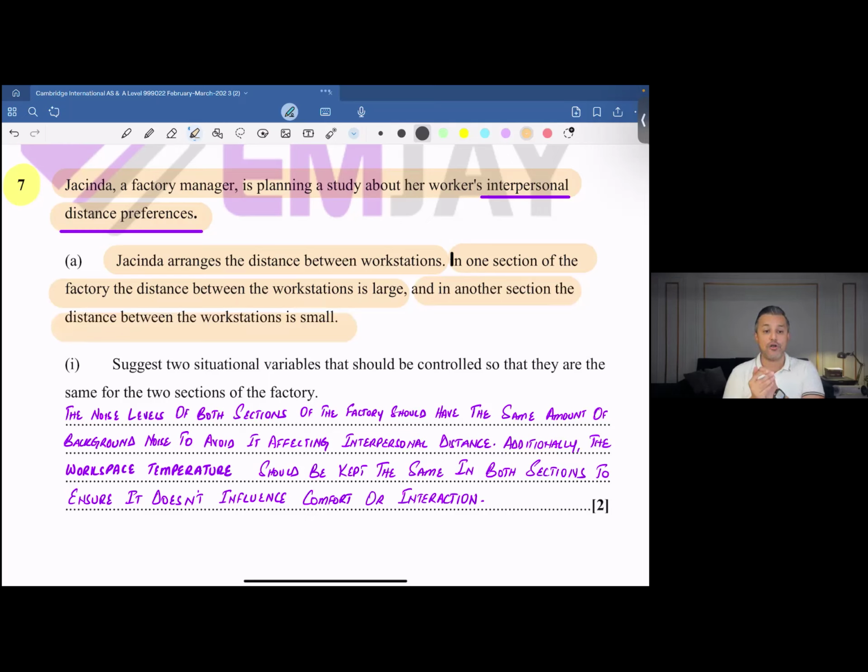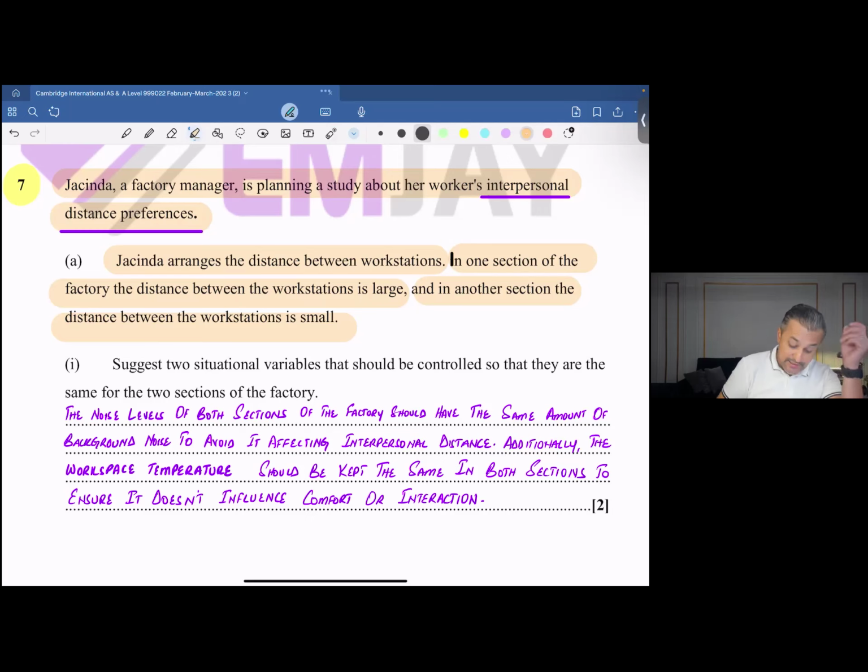It's more like one workstation is over here, the other one would be here, third and fourth. So Jacinda arranges the distance between workstations. In one section of the factory, the distance is large, and in another section, the distance is small. Okay, we understand that part as well.